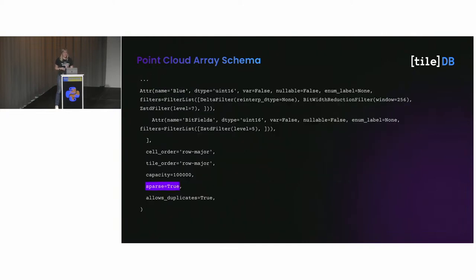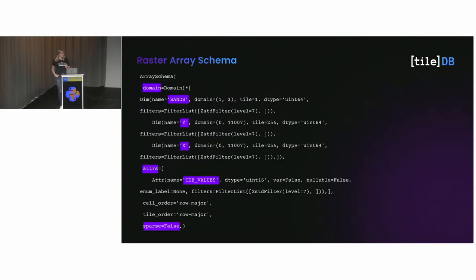What I really wanted to point out is that this is automatically written as a sparse array, because it says sparse is true. And also the one below that: I can have duplicates in a sparse array. So you can have the same location with multiple values, maybe because over time things have changed. That is quite a useful feature you might be able to use.